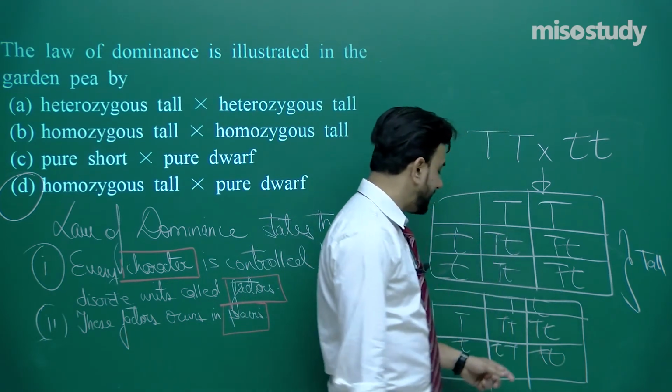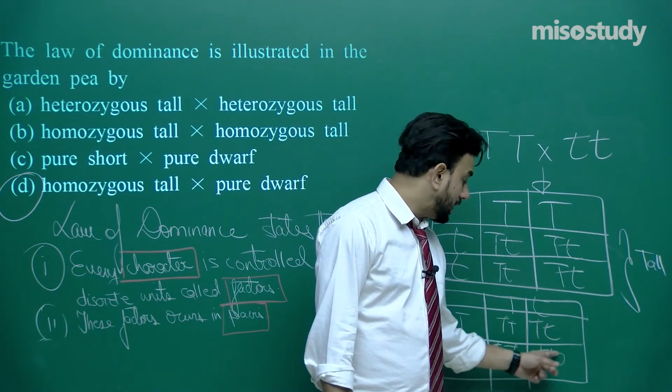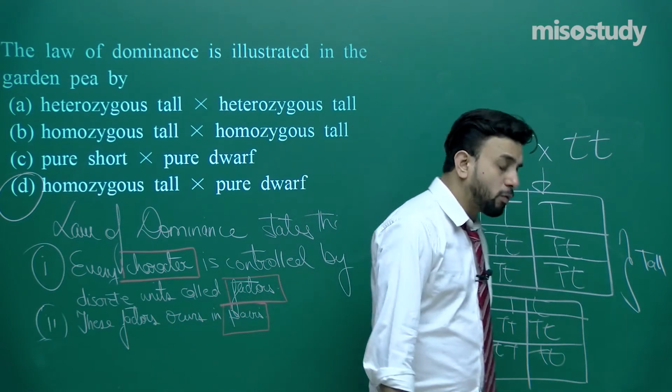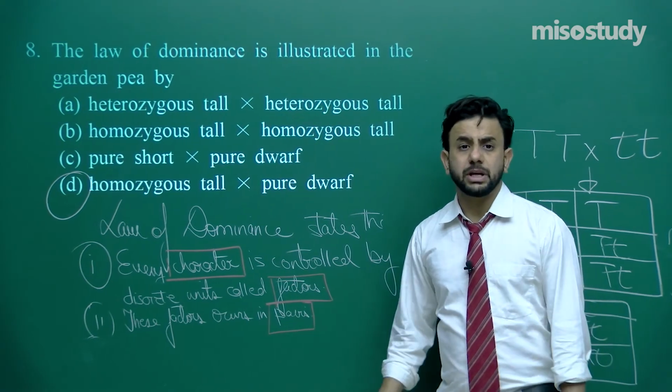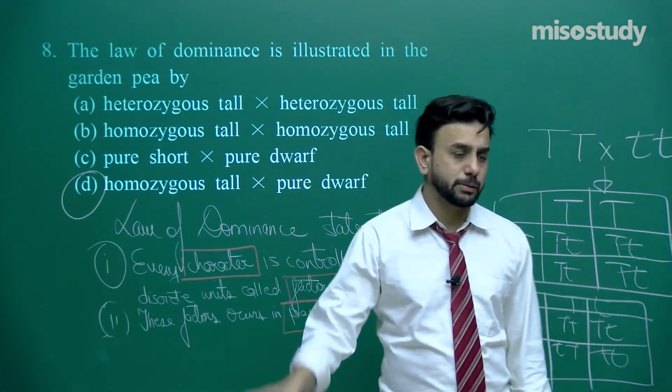Here also what do we see? That all these are tall, but this is small t, small t. Here this will become the dwarf. So with this we have completed this question. Two more questions remaining. We'll take a short break and we will be back soon.